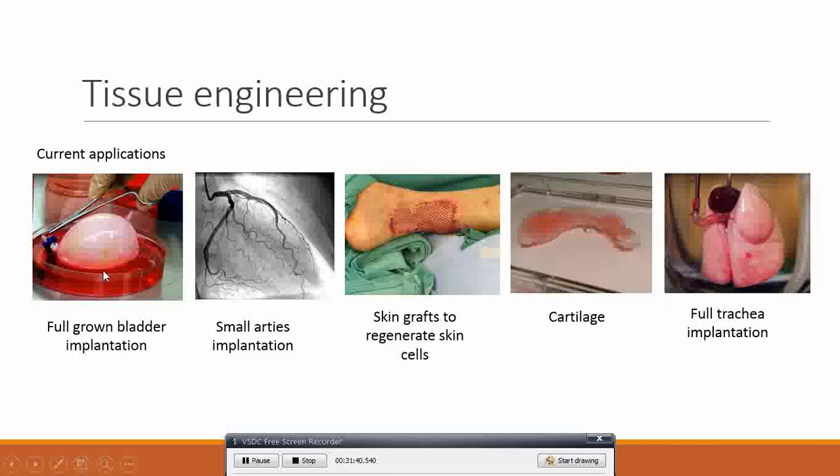Ni dia orang cuba grow sendiri di luar tubuh badan, bladder ni, pundi kencing. Small arteries implantation, maknanya ada berlaku fracture ataupun pecah arteries, maknanya putus arteries, yang boleh implant balik sekarang ni, dah ada material.